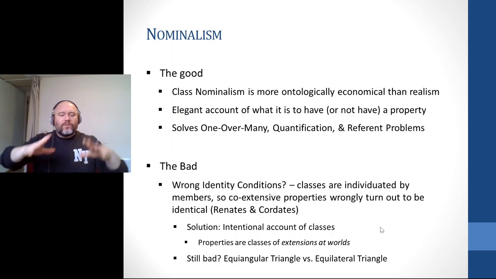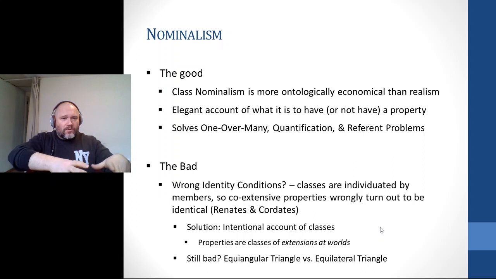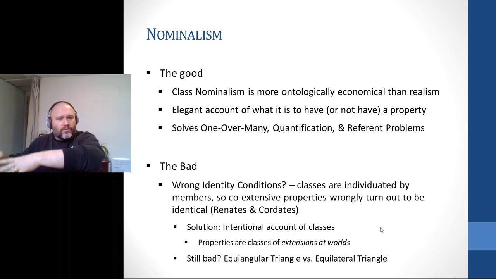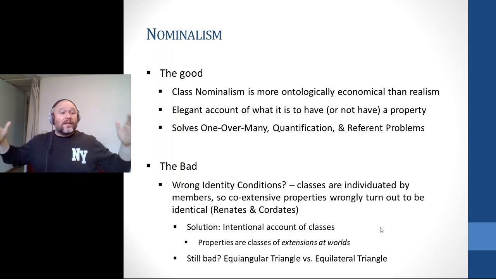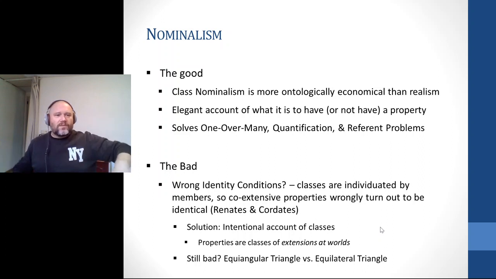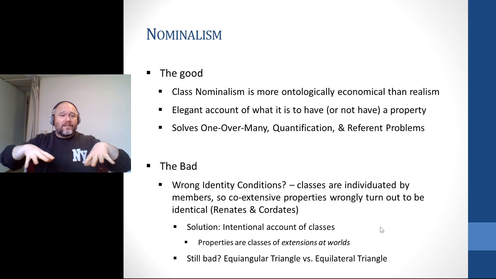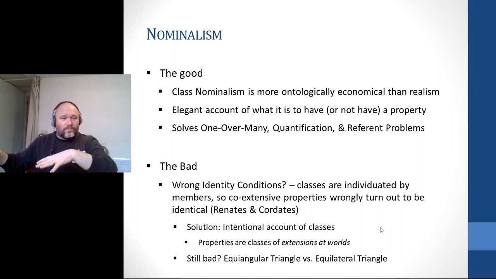So we get the extension of, say, the renates in the actual world, and then the renates in world 1, and the renates in world 2, and the renates in world 3. And then the set of renates will be the things in this world, plus the things in this world, and this world, and this world. Instead of a class, it will be a class of extensions at worlds.